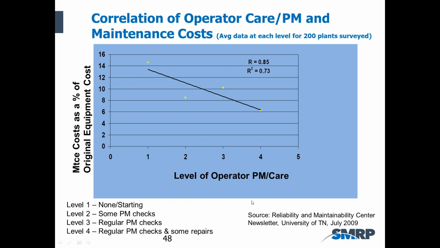And here's some data on that. This is from University of Tennessee, Klaus Blake. Here's maintenance costs on the vertical axis and the level of operator care on the horizontal axis. Level 1 is none. And by the way, this is the average of each quadrant of the 4 quadrants. Level 2 is some. Level 3 is regular PM checks, and level 4 is regular PM checks and some repairs.